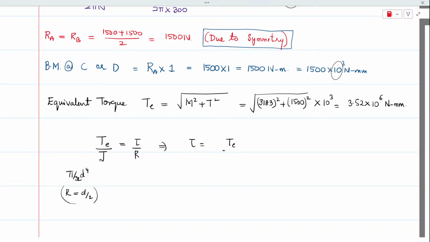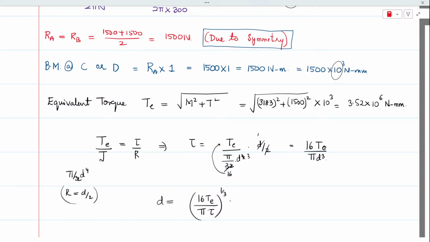So TE divided by pi by 32 d power 4, into R which is d by 2, it will be multiplied when it is shifted to the other side. So 2 ones, 2 16s, 16 will go on the top. This is d power 1 and this is d power 4, giving d cube. So this is 16 TE by pi d cube. And if you write subject to d, it will be 16 TE by pi times tau, raised to the power of 1 by 3.